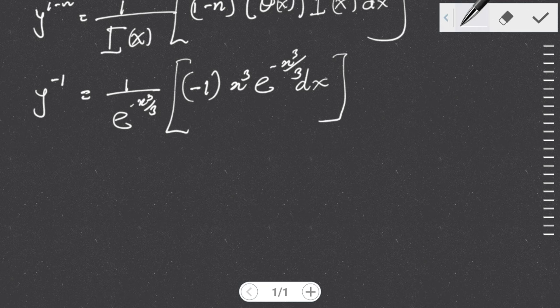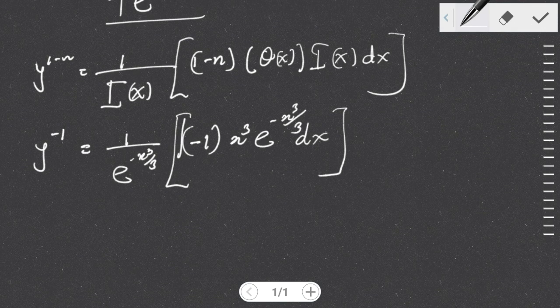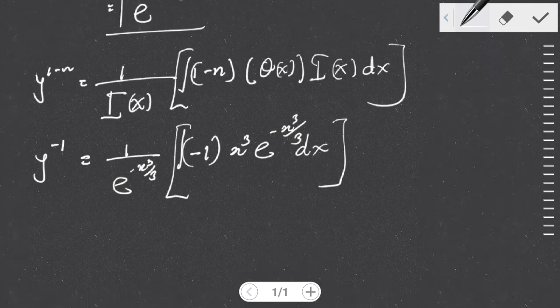Now, you're supposed to remember this is integration, therefore we represent the integral sign, and even this is integration.